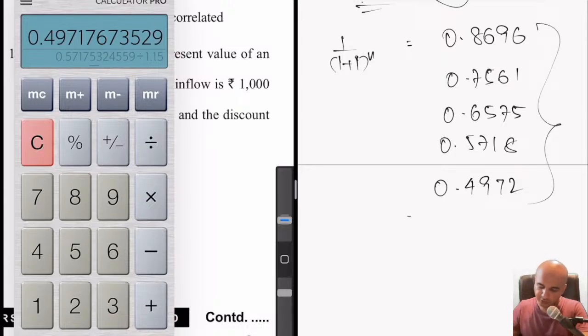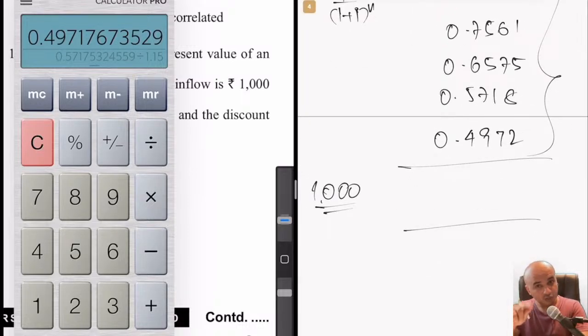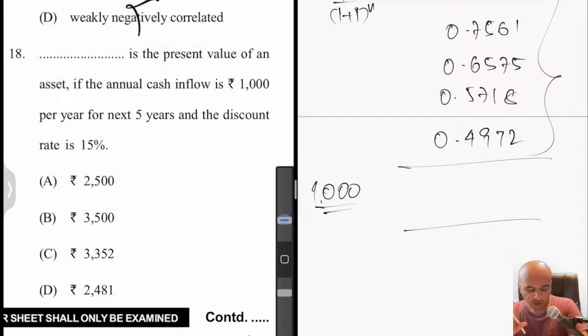So now we have got all these values. All that I need to do is just total this. Whatever I get, I should multiply by 1,000, because 1,000 is the cash flow. For how long are we getting these cash inflows? For the next 5 years. But even though they say for the next 5 years we'll get 1,000, 1,000, 1,000 and so on till the 5th year, its present value will not be the same.